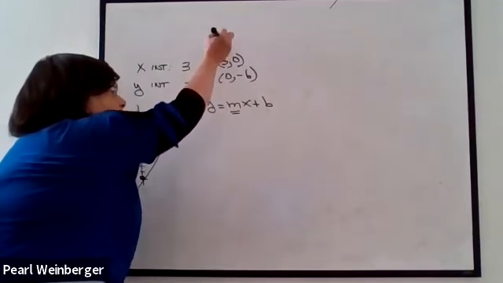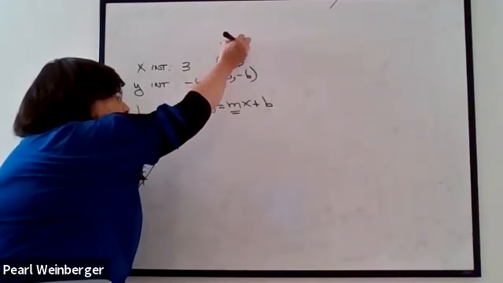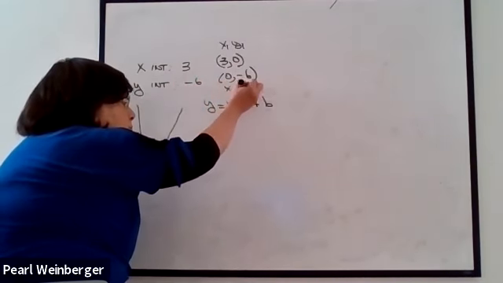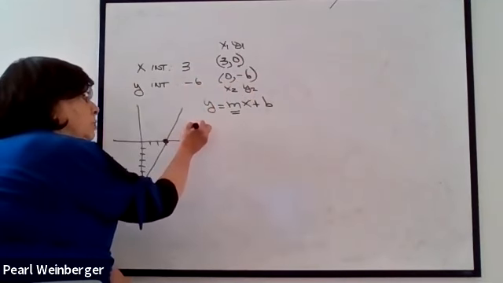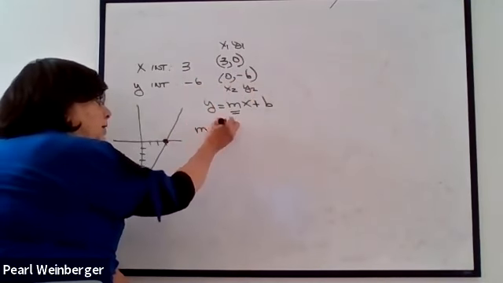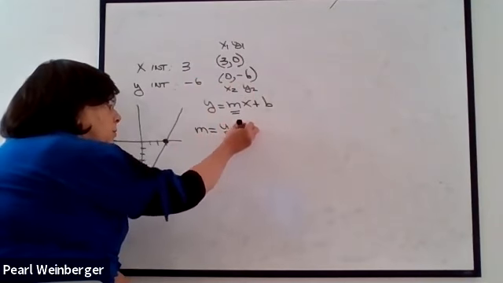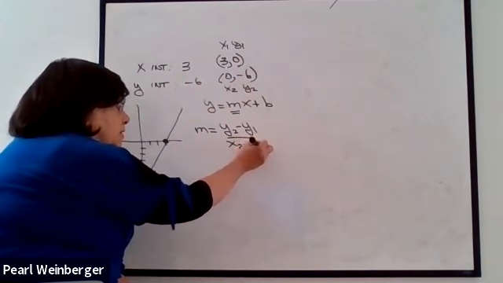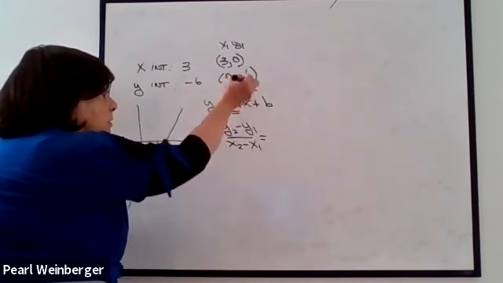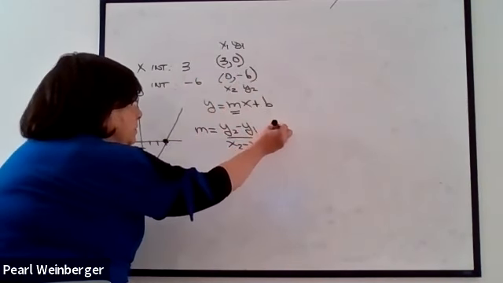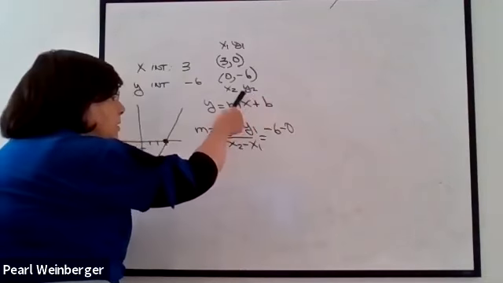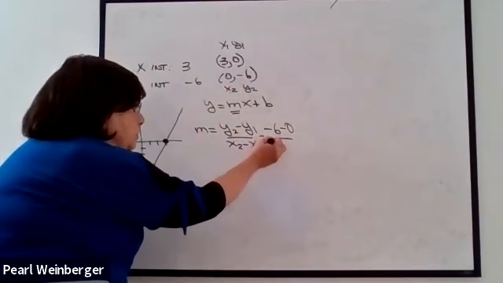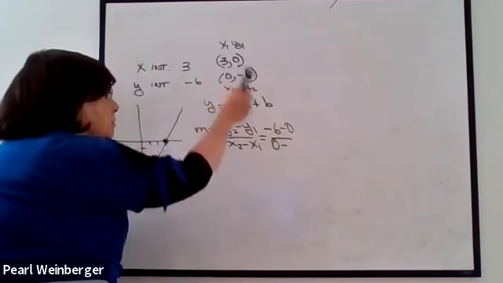So if I call this my x1, y1, and this my x2, y2, I can use the slope formula, y2 minus y1 over x2 minus x1 to get the slope of the line. It's going to be -6 minus 0, y2 minus y1, over x2, 0 minus 3.